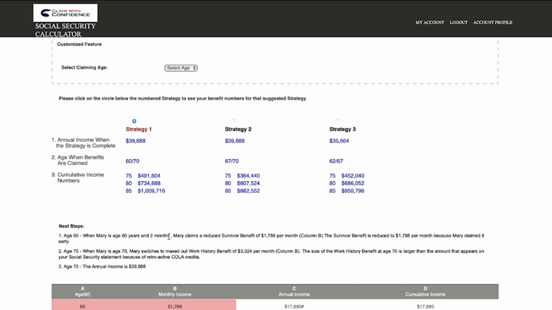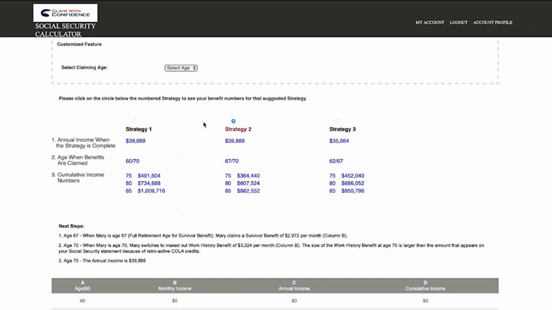And in 2023, if she has earned income in excess of $21,240, then for every $2 of earned income in excess of that amount, she'd have to give back $1 of received Social Security benefit payments. And it wouldn't take a lot of earned income for Mary to give back most or even all of her Social Security benefit payments. So if she continues to work, maybe strategy 1 isn't the best strategy for her.